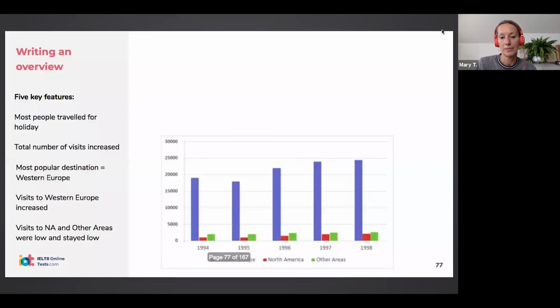And then the last thing, which some of you have pointed out, so the visits to North America and other areas were low and stayed low. Okay, so they're the 5 key features that we can see from looking at these 2 different charts. So as I said, there are 2 for the first one and 3 for the second, and now you just need to combine them.